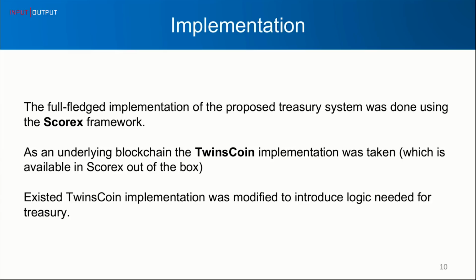So we took the Twins Coin implementation and extended it with the proposed treasury system. To do this, it was required to modify the existing transaction structure and block validation rules. We also introduced new structures and modules for keeping treasury state, managing transactions forging, wallet functionality, and many other things.